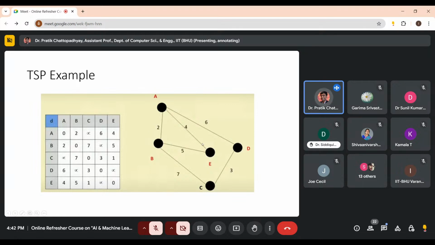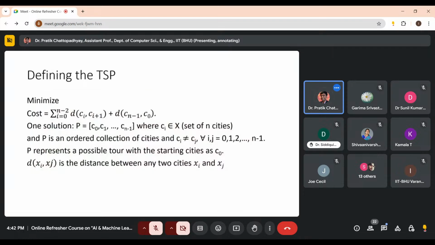So from A you can go to E, then B, then C, D, and again come back to A. This is one of the options. This matrix is given, which tells the distance between each pair of cities, and from that we have to estimate the shortest possible tour. Okay, so this is how we define the cost.